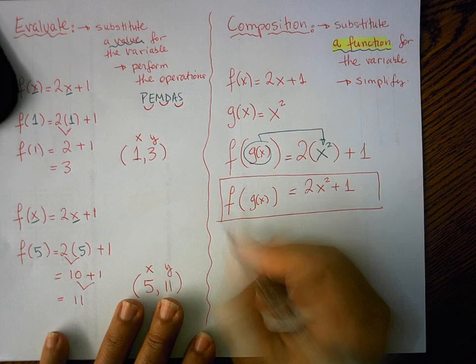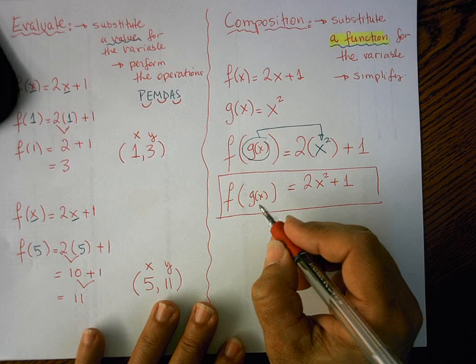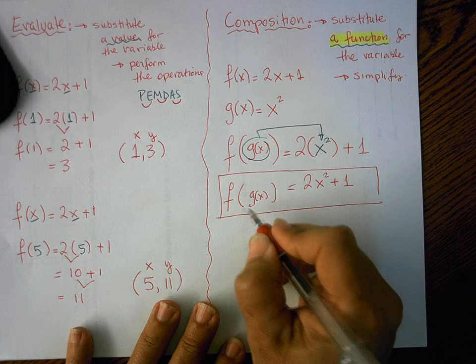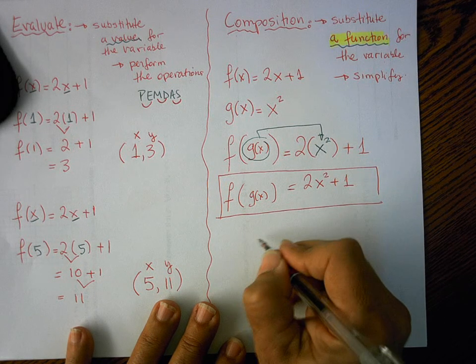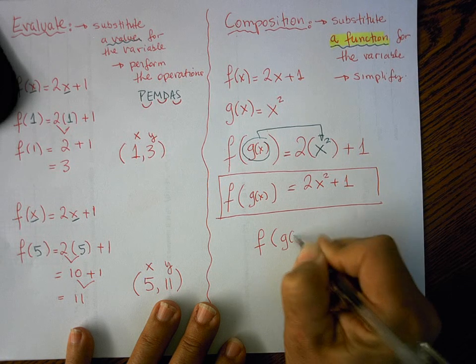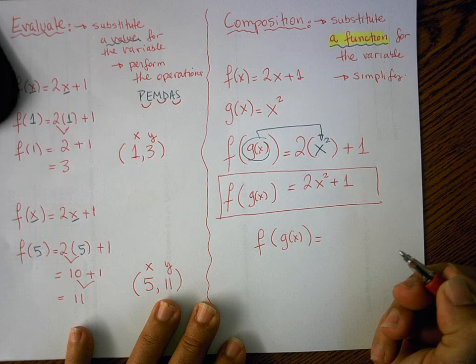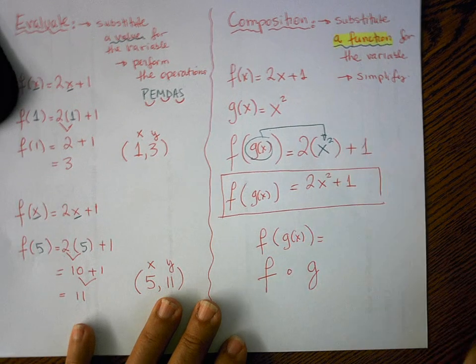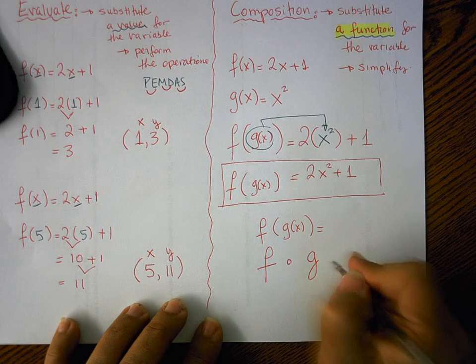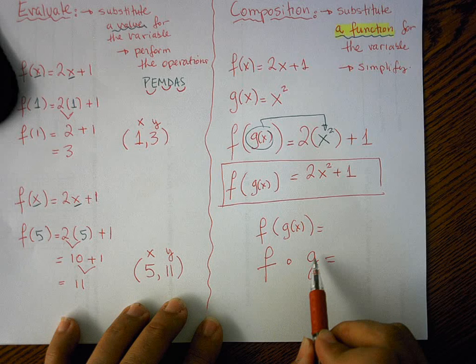This composition right here has several notations, okay? I can show the same exact composition, f of g of x. I can show it as f of g of x, okay? You're going to see that. It means the same thing. It means I'm putting g inside of f.